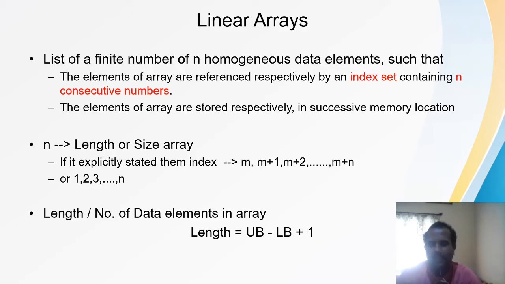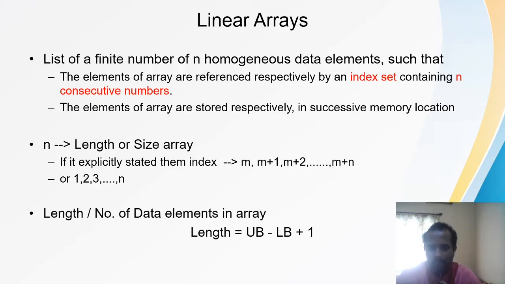Let us take one example. Let me say that I have an array of 10 elements. So what is the n value? N value is 10. And let me say that I have the index starting from 1.